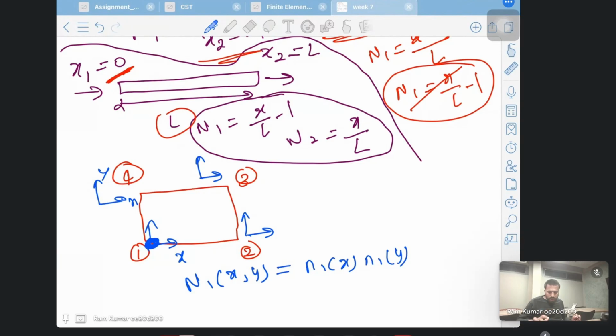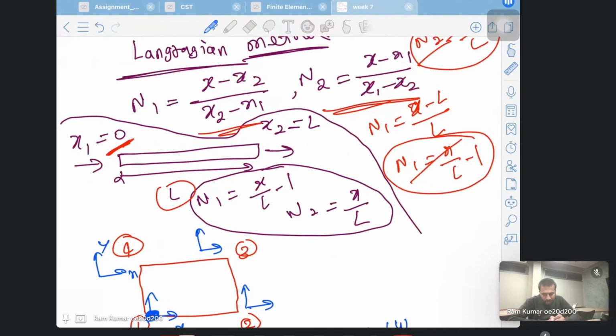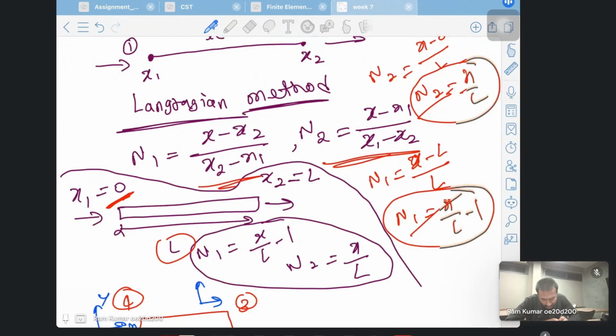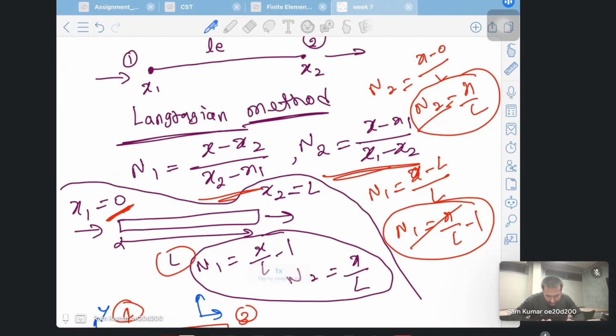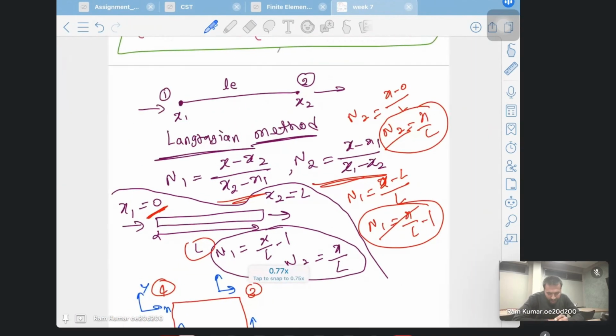So see how we will write n1 here. This has length L, and this has coordinates x1, x2. So I write n1 equal to (x minus x2) by (x2 minus x1).